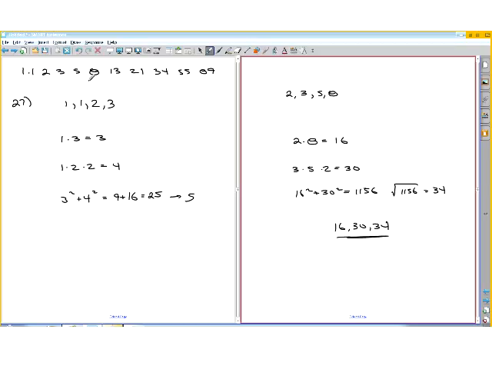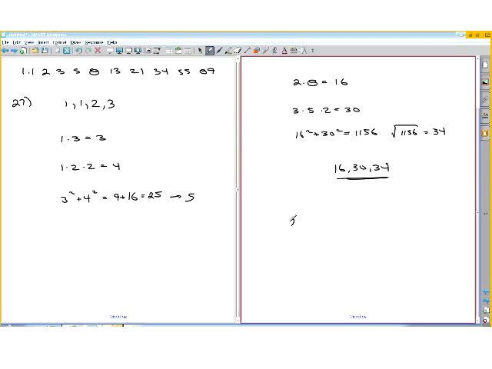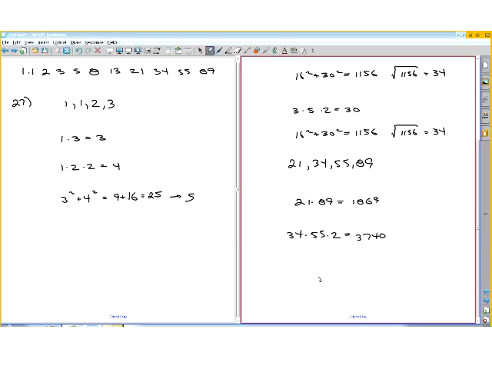Let's try a bigger one just for the heck of it. This is not one of the problems that's due, but let's try 21, 34, 55, 89. So we take 21 times 89, that's 1869. We take the two middle numbers, 34 and 55, and double it. 34 times 55 times 2 is 3,740.